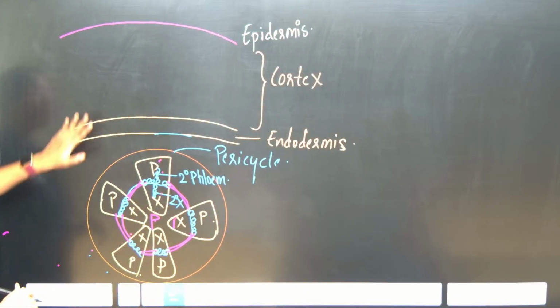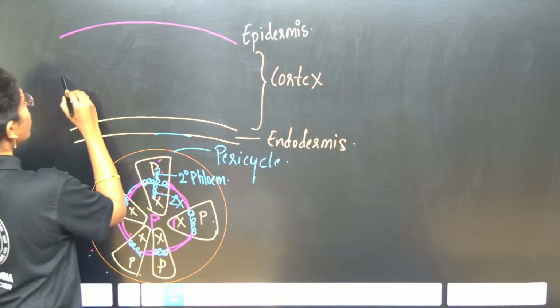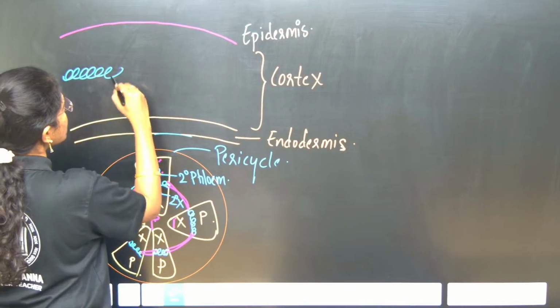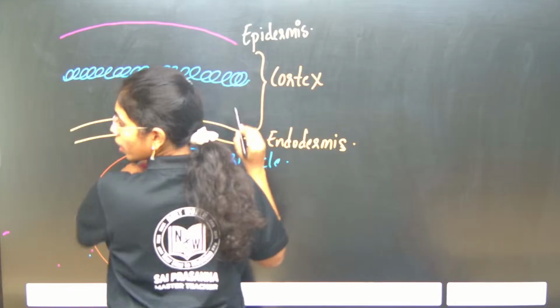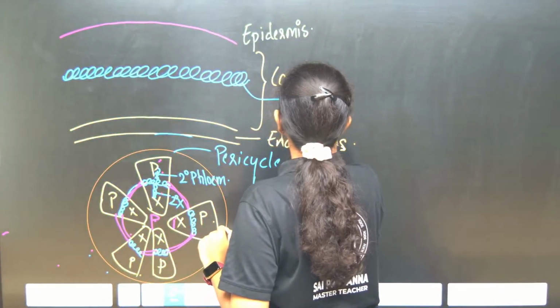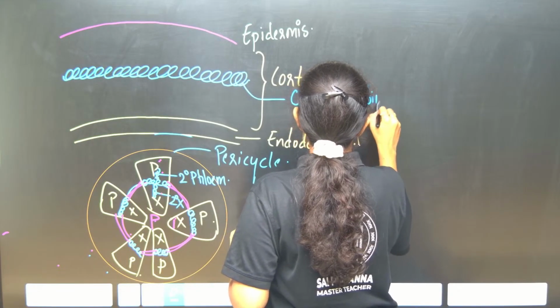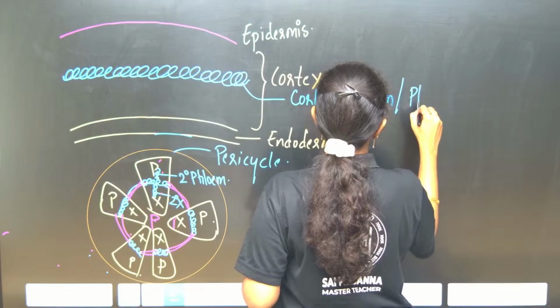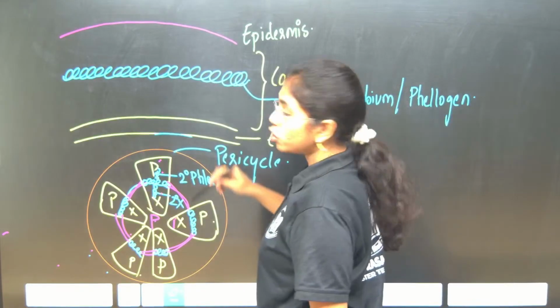Now you see the extrastellar secondary growth. In the cortex region also, a few of the cells become meristematic and form cork cambium, also called phellogen.